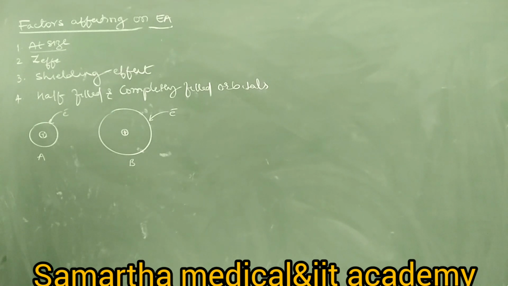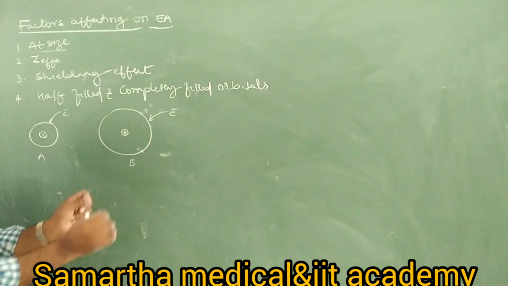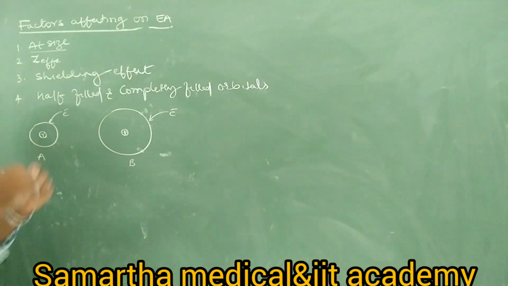Tell me, in which case does the addition of electron become easy? A or B? Okay, I will give you a hint. The addition of electron does not depend on its size. If the atom is a very big size, can it accommodate more electrons? Is it like that? No. If the atom is bigger, can there be more electrons? It is not like that. It depends on the nuclear force of attraction.